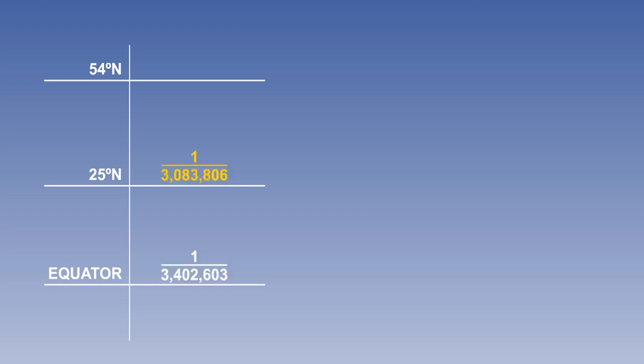At 25 north, it was about 1 to 3.1 million. And at 54 south, it was 1 to 2 million. Again, we've got the denominators decreasing as we move away from the equator. It reassures us that we've got our algebra the right way round.